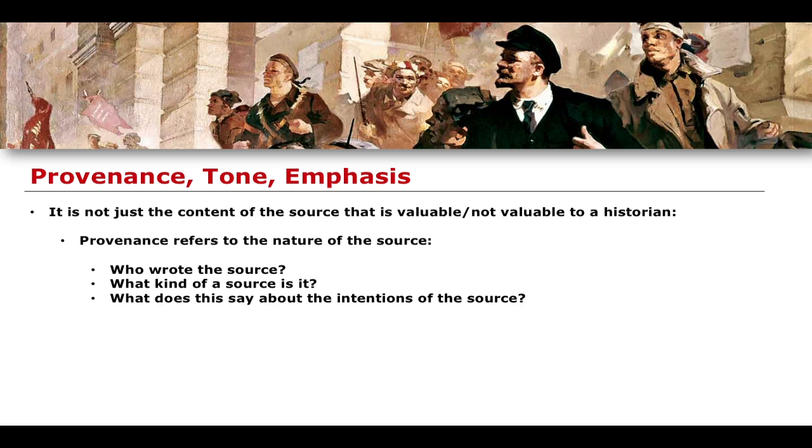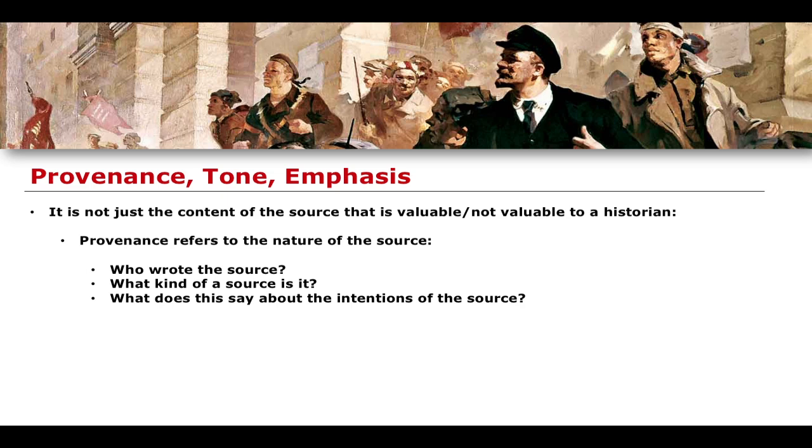Does the fact that it was written by one person mean that it has more value to a historian than if it was written by somebody else? If it was a speech that was delivered to 1,000 people, is this more or less valuable to a historian than if it was a confidential document that was only delivered to a single person, or if it was a letter, or if it was a news broadcast or something?